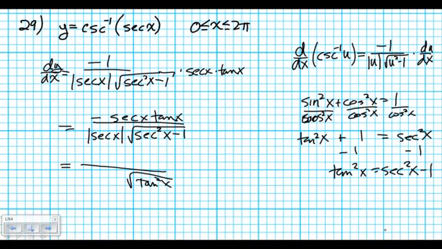Okay, now let's talk about the secant and the absolute value of secant thing going on there. On this particular range of values for x, is secant always positive? No. This is like pi over 2, and this is 3 pi over 2, and secant goes like this, and then like that, and like this.